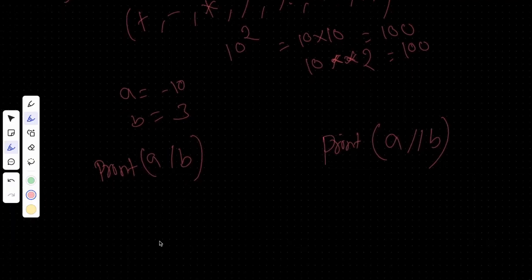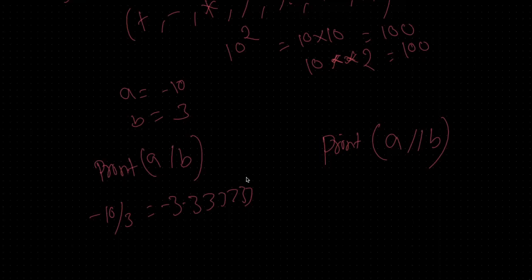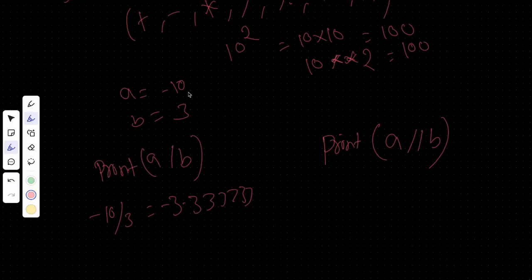The first difference: division always returns a float value, that means minus 10 by 3 is minus 3.33333, right? It returns a float value. And floor division returns an integer if both operands are integers, otherwise it returns a float. In this example, minus 10 and 3, both are integers, right? It returns minus 4.